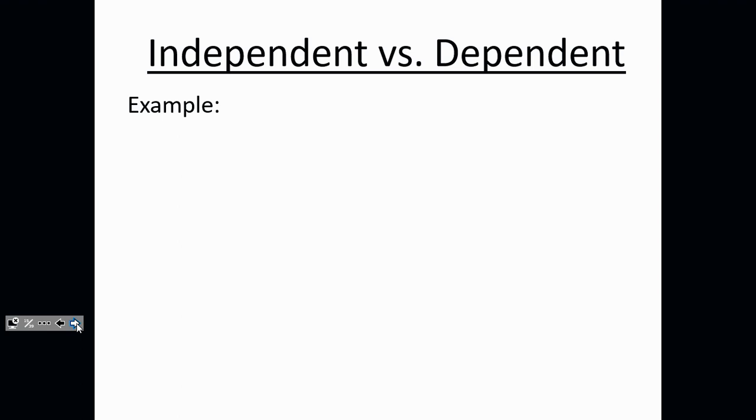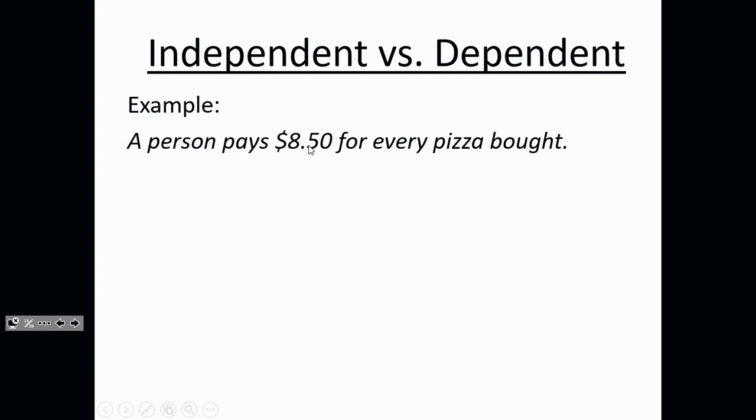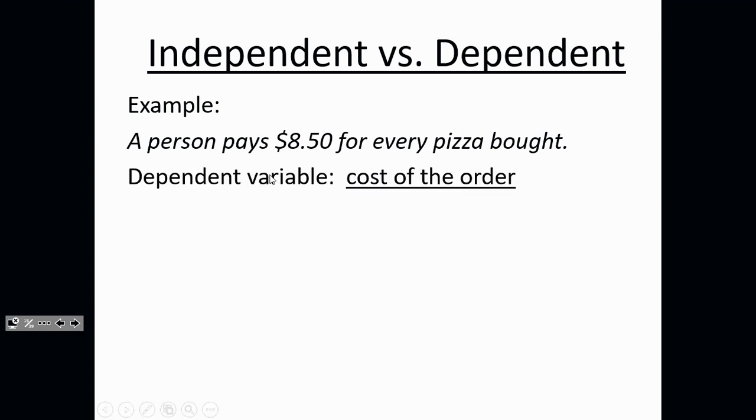Okay, here's an example. A person pays $8.50 for every pizza bought. All right? Think about what our independent and dependent variables are in this situation. What depends on what? Well, think about it. What's going to go up every time I buy a pizza? That means our dependent variable is the cost of the order.